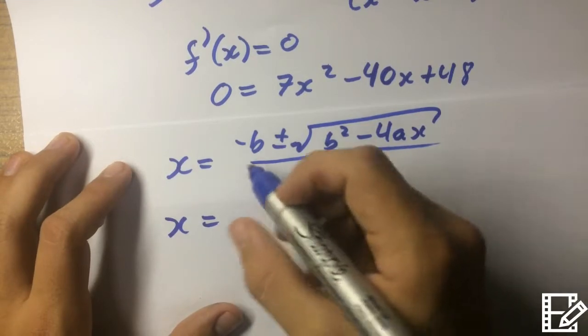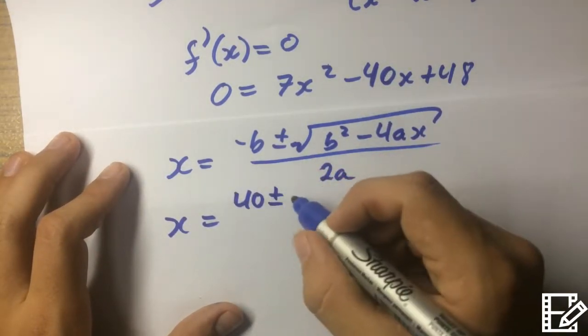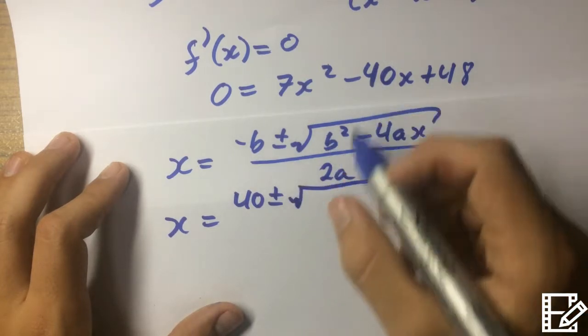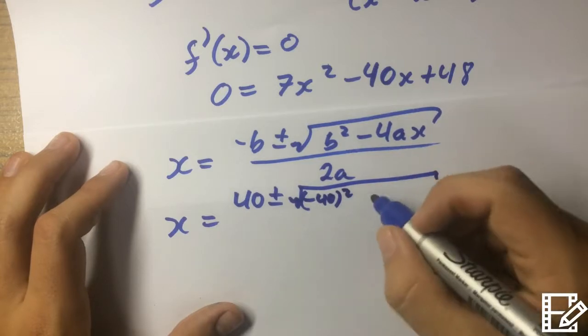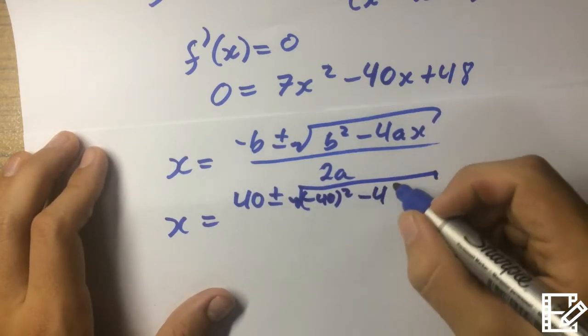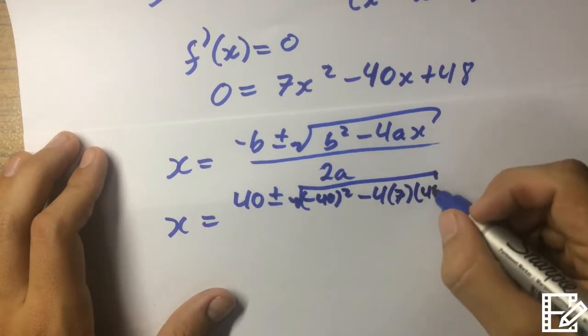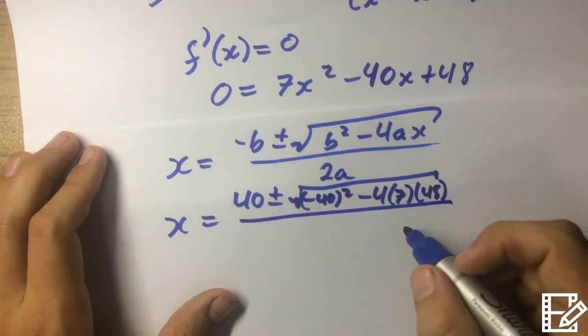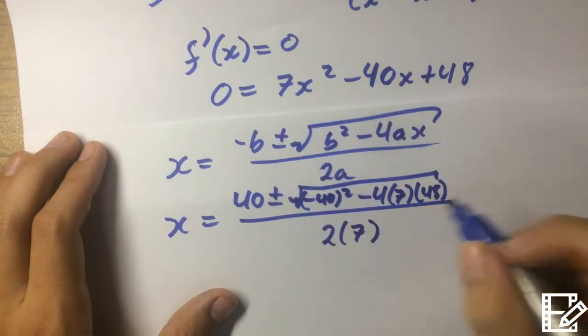X equals negative b, negative of negative 40 is a positive 40, plus or minus the square root of b squared, negative 40 squared, minus 4 multiplied by 7, which is a, multiplied by 48, which is c, all over 2 multiplied by 7, which is a.